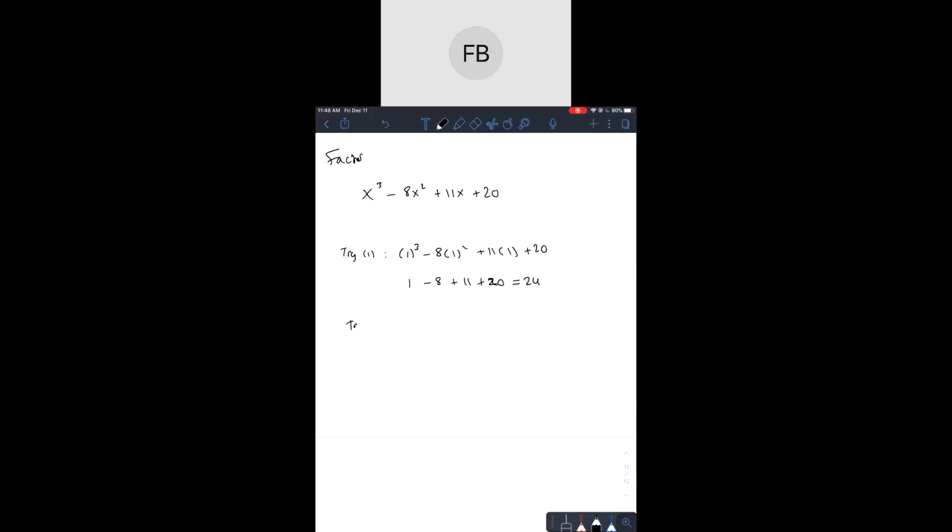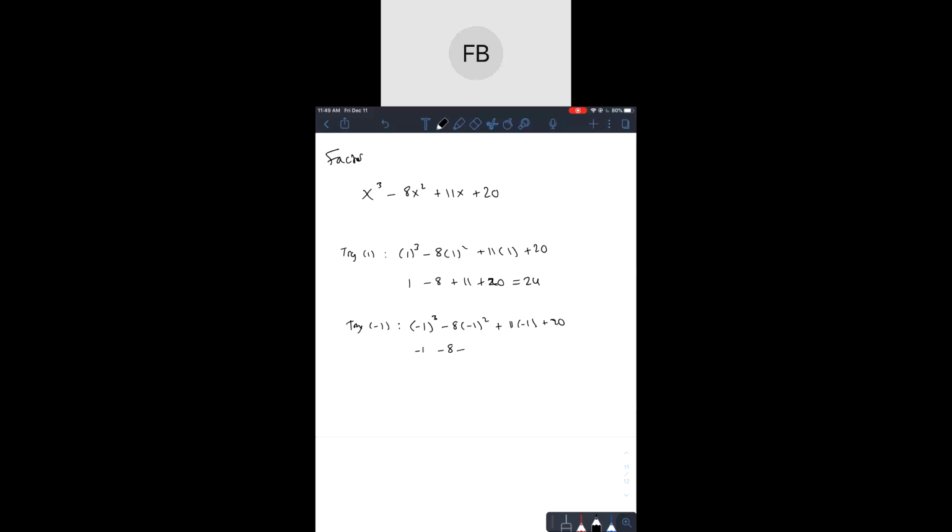So let's try -1. I usually start with 1, then -1, and then maybe 2 or -2, but usually you'll get it in the first few tries. So -1 cubed minus 8 times -1 squared plus 11 times -1 plus 20. This is looking a lot more hopeful. -1 cubed gives us -1, and then -1 squared is positive, but it's already a negative, so that's -8.